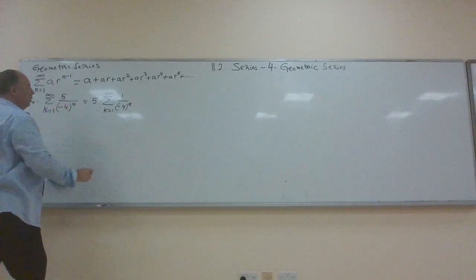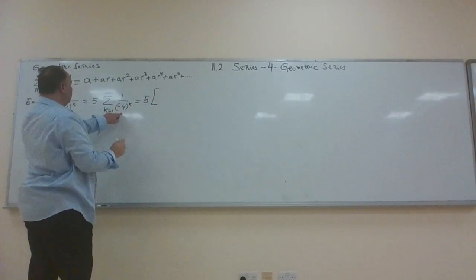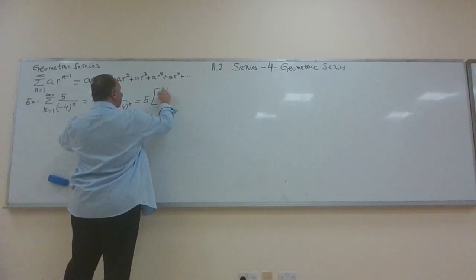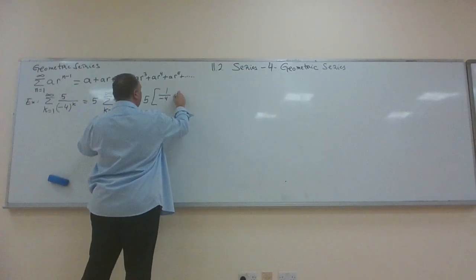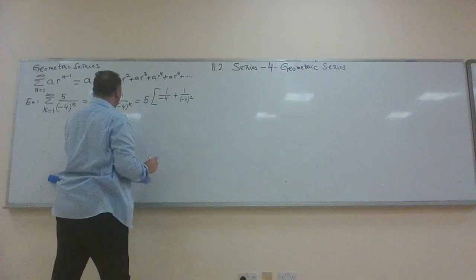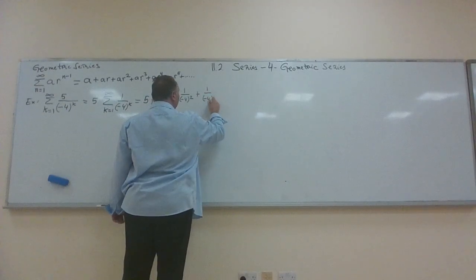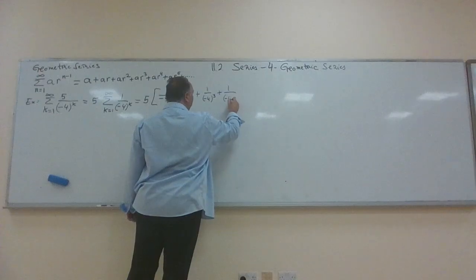Okay. So I have 5 times this series. We start with k equal 1, so it is 1 over negative 4 plus 1 over negative 4 to power 2 plus 1 over negative 4 to power 3. I keep the form.